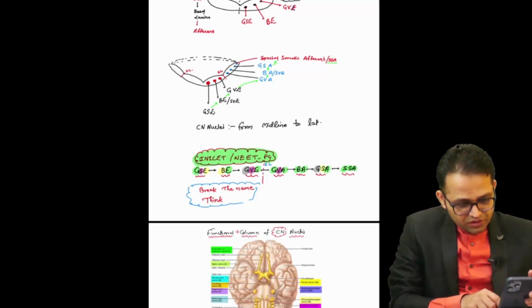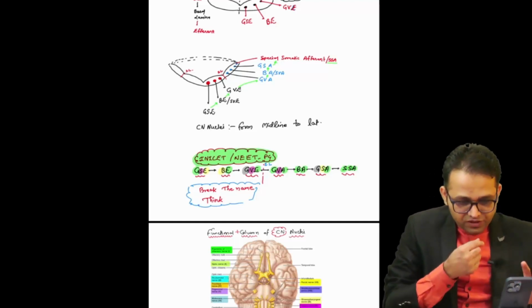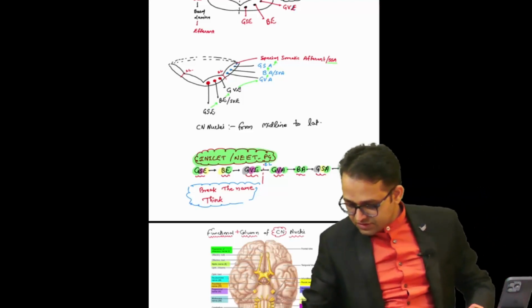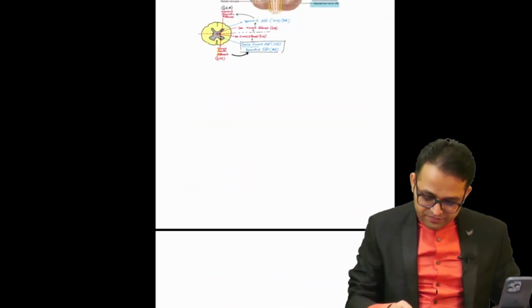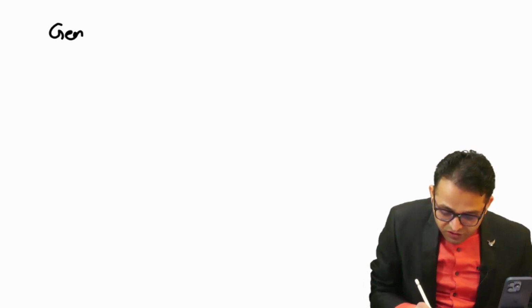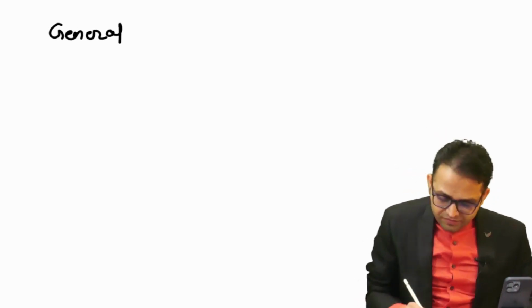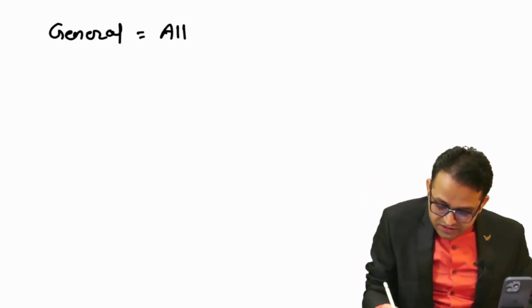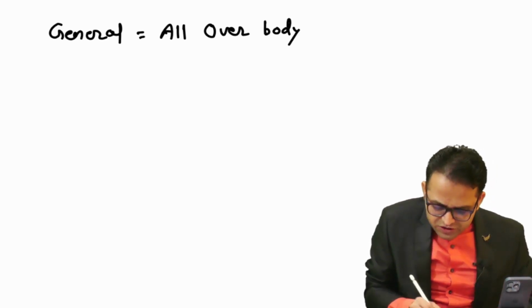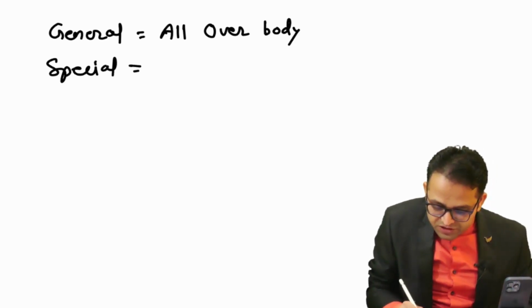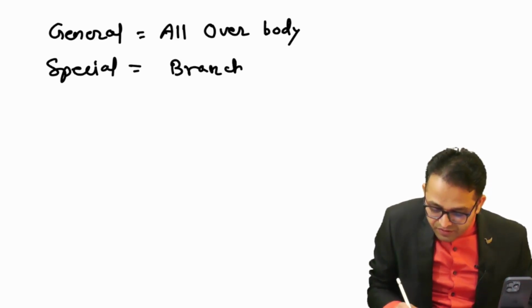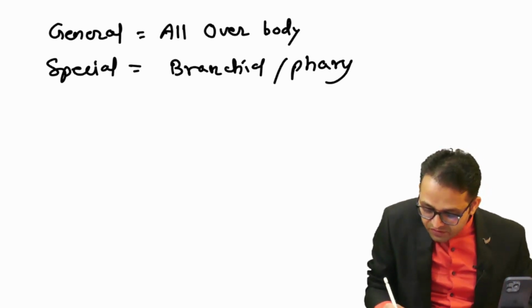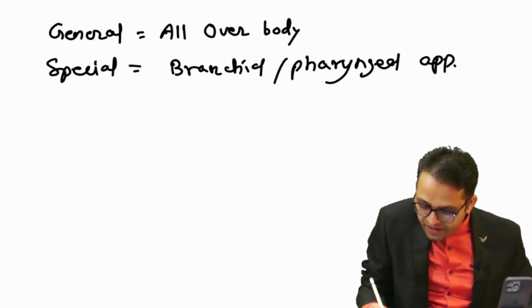Now we are going to look at today's session. Catch this point. For proper understanding, you have to know a few terminologies. Whenever we use the word general, it means all over the body. It is not special. Whenever you use the word special, it means the branchial, also called pharyngeal, apparatus.